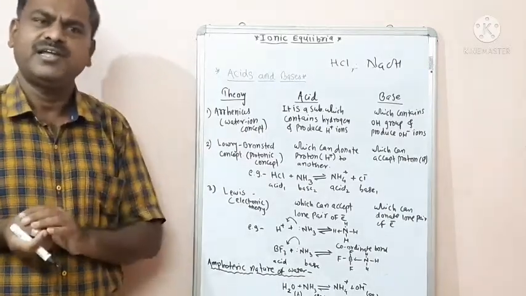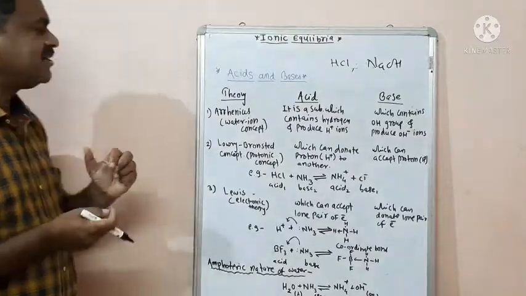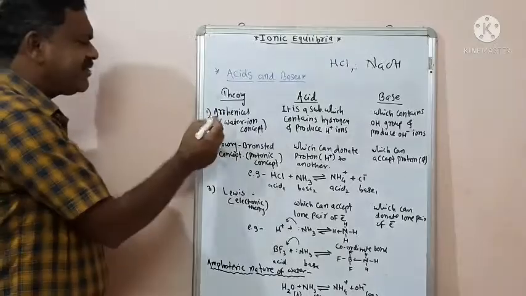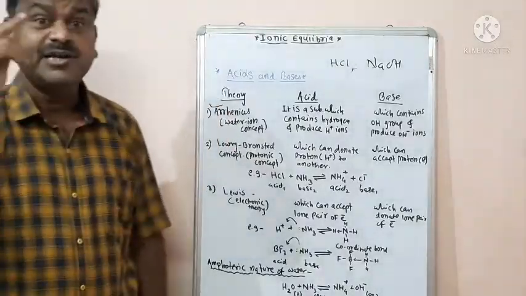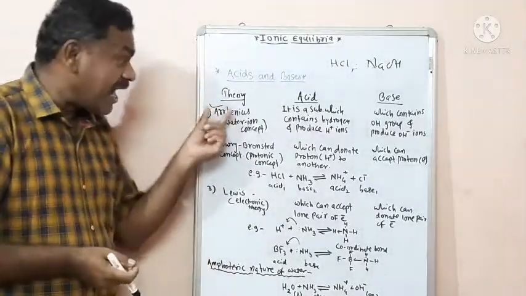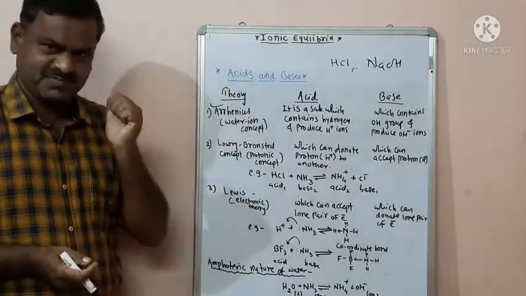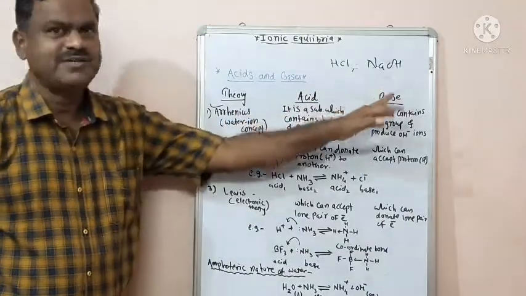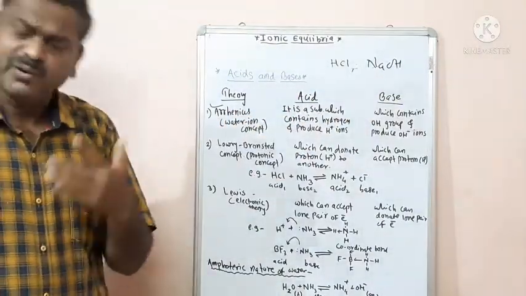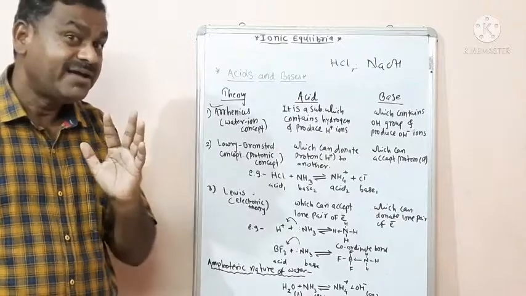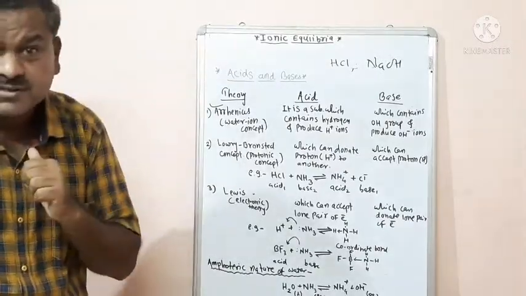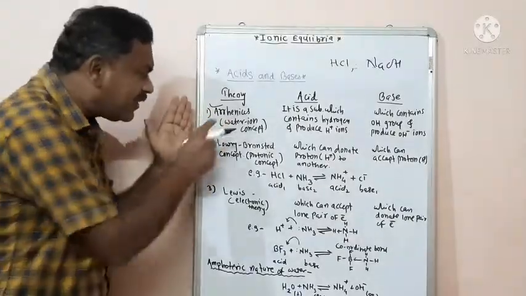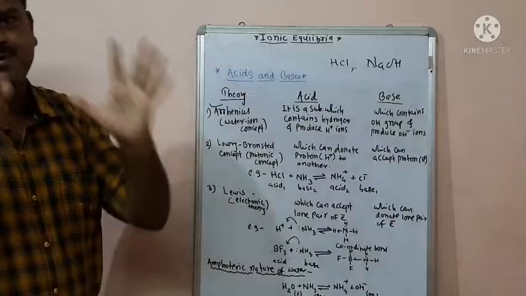Our first theory, from the first scientist, is the Arrhenius theory. Arrhenius defined and explained both acid and base, and how to identify which one is the acid and which is the base. According to the Arrhenius theory, this is called the water ion concept.